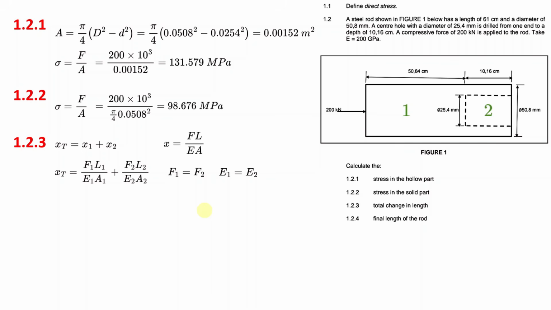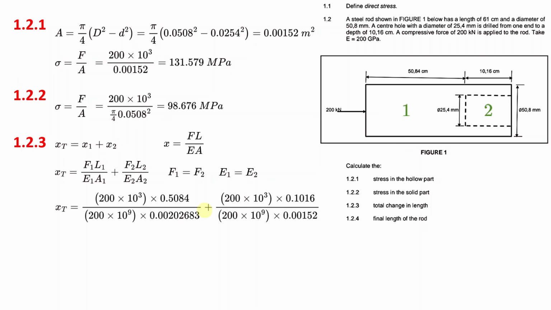Once you understand that, you can go ahead and plug in the numbers to solve for xt. If you do that, this is what you're going to get. xt is equal to F1, which is equal to F2, 200 kilonewtons. So we have 200 times 10 to the 3, because we work in SI units, multiplied by L1.